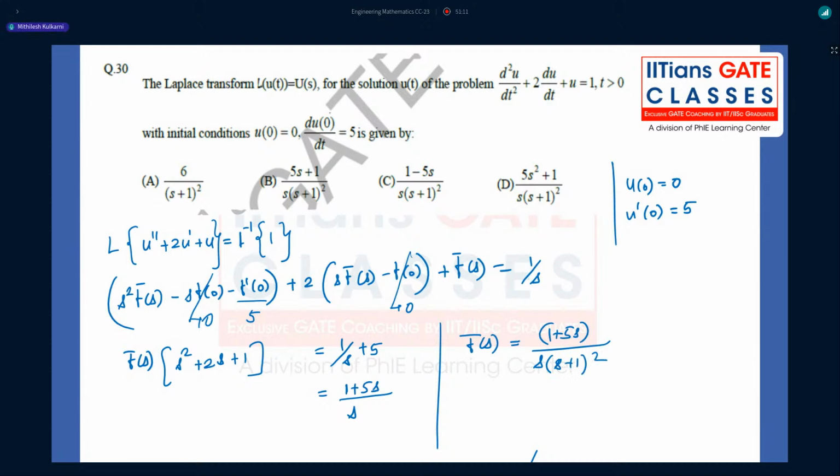Now if you compare the options, we can see option B is correct in this case. 5s plus 1 divided by s into s plus 1 whole square. I hope you understood the problem here.